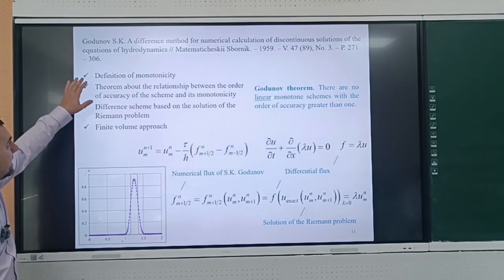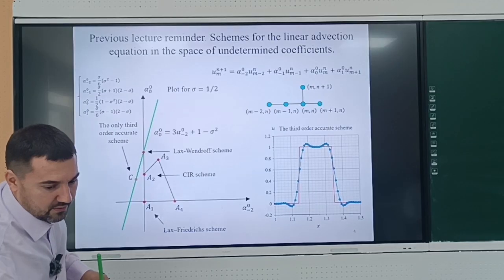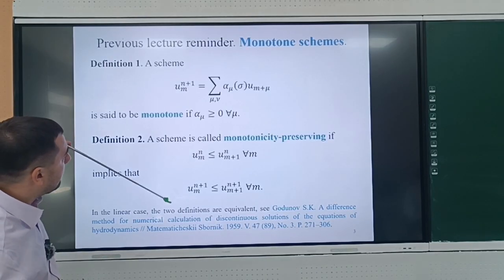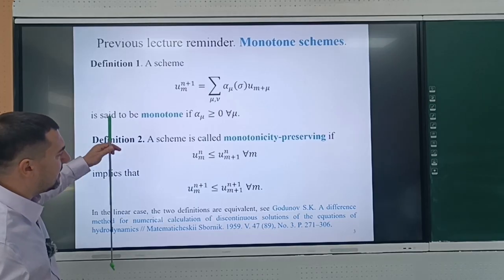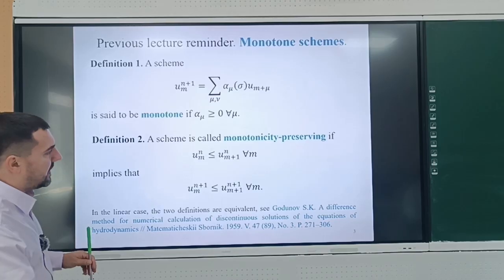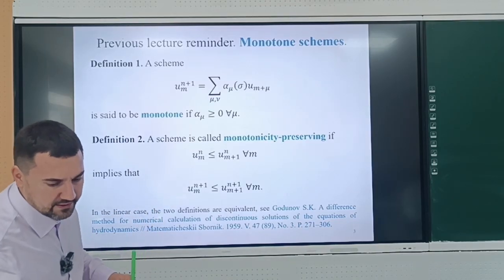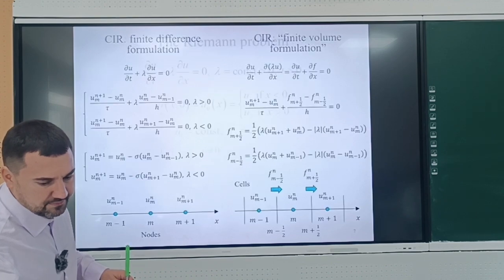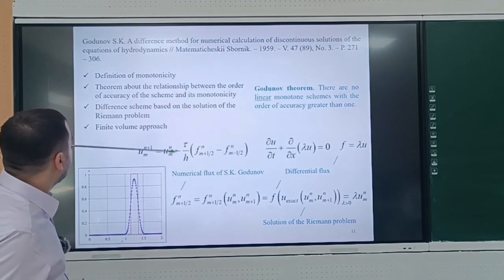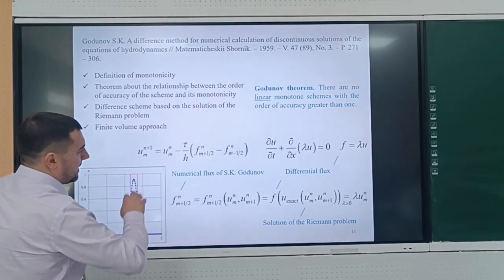First of all, he defines monotonicity. It was in that paper where these definitions appeared. You can find the proof that the two definitions of monotone schemes are equivalent, and also a theorem about the relationship with finite volume schemes based on the solution of the Riemann problem.